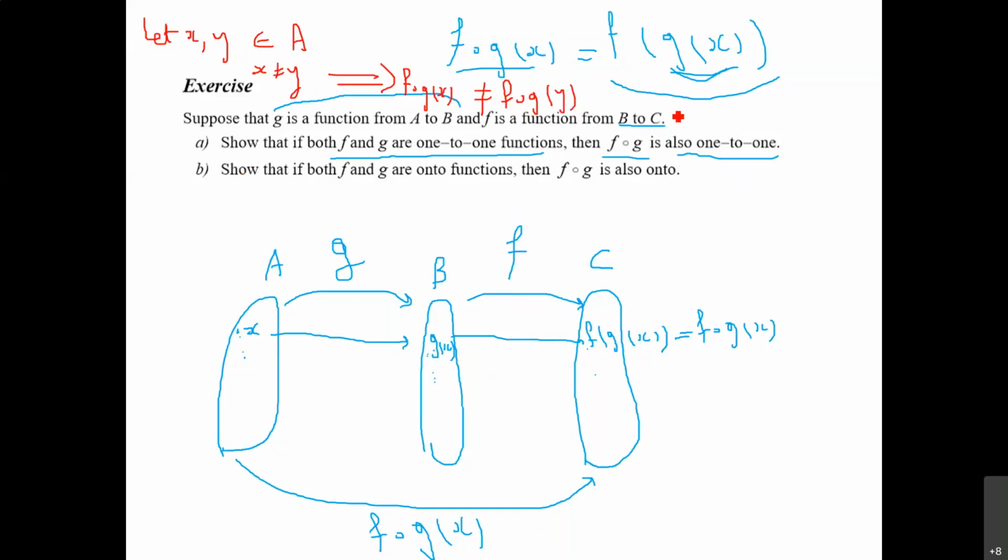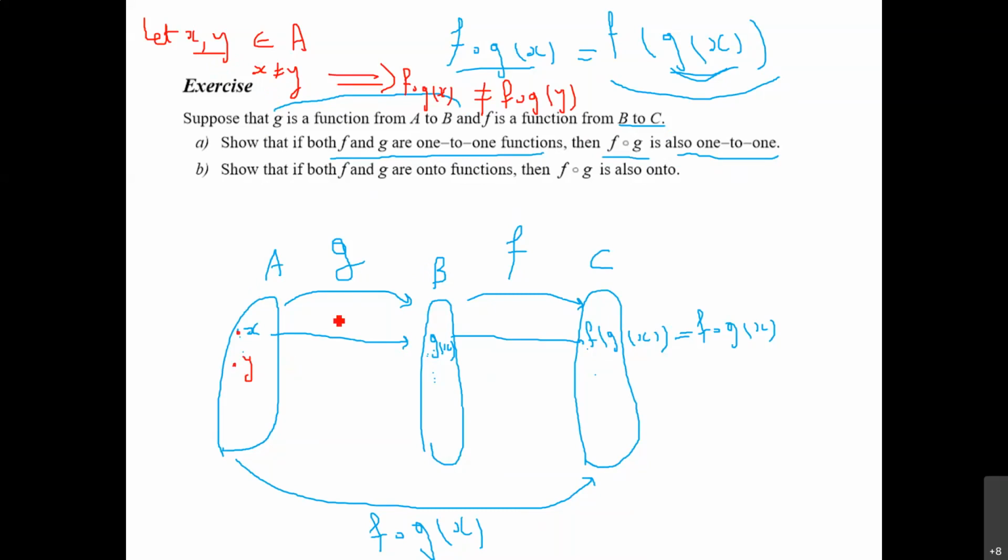It's over. That's the definition of one-to-one. So let's do that. And it also works because we simply said let x and y belong to A. So they're any two arbitrary elements. So this is x, this is y.